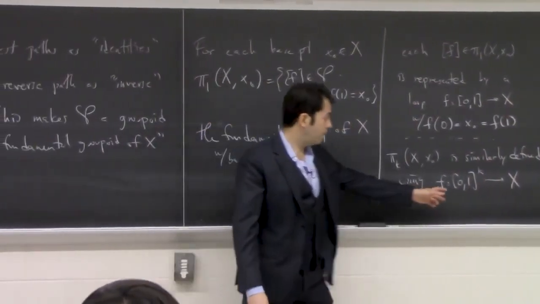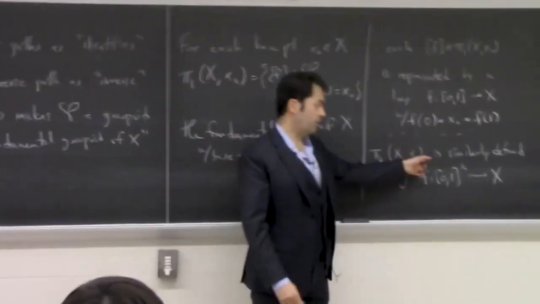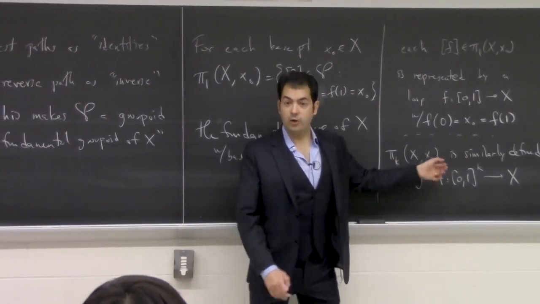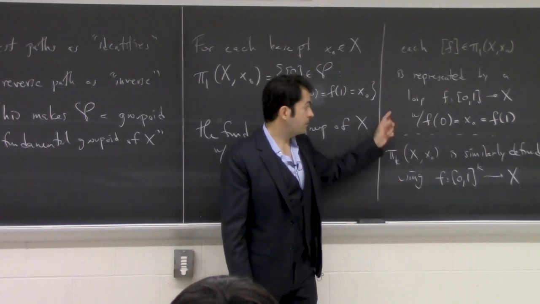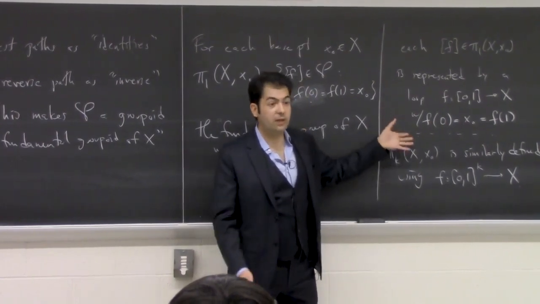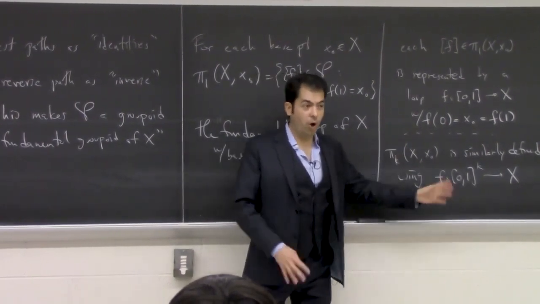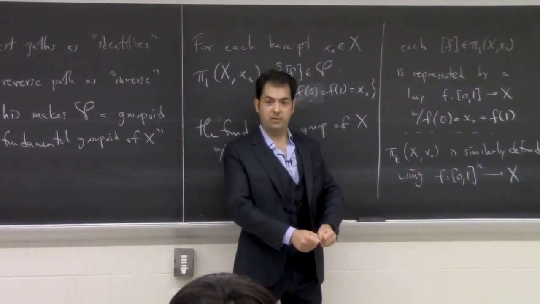Where what you want is the whole boundary gets mapped to this point, right? And then you look at continuous families, so homotopies, but the homotopy is relative to the boundary. So all of the boundary always gets mapped to the single point x naught, right?